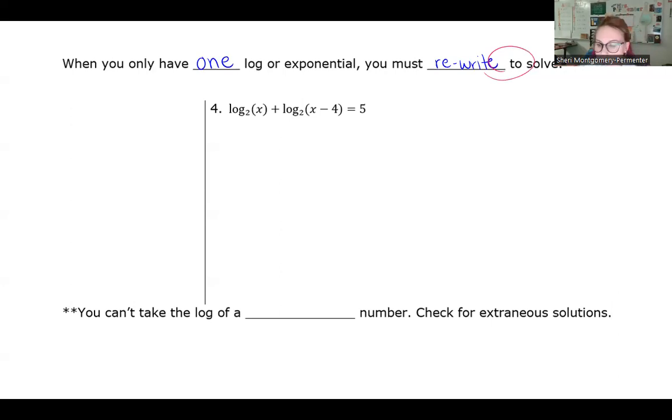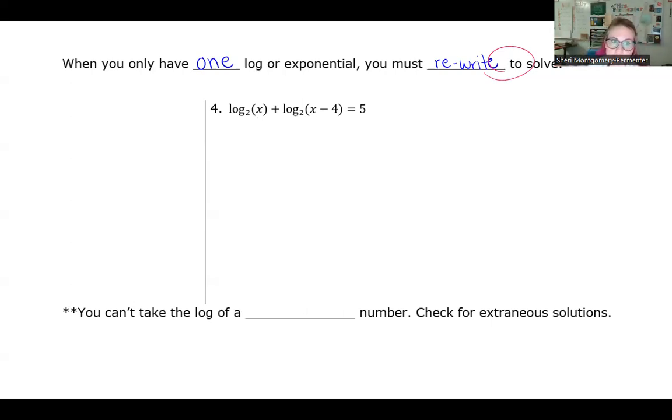So when I look at example 4, I have two logs, but they're on the same side. So when you have two logs with the same base on the same side, what do you do? Condense. I didn't hear you guys as a group tell me that quick enough.